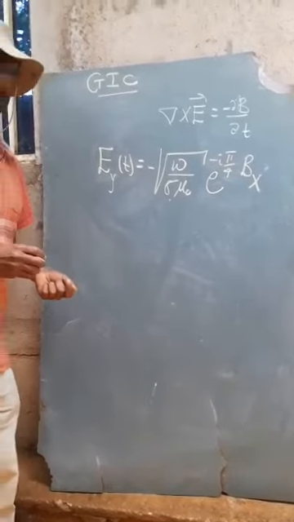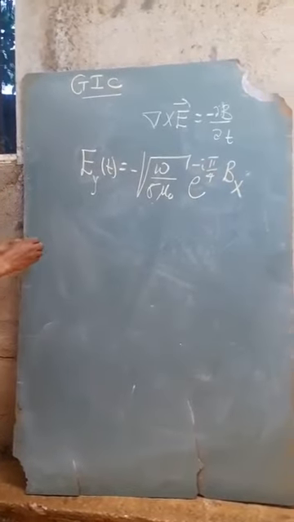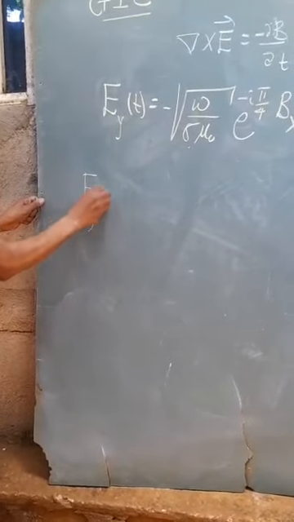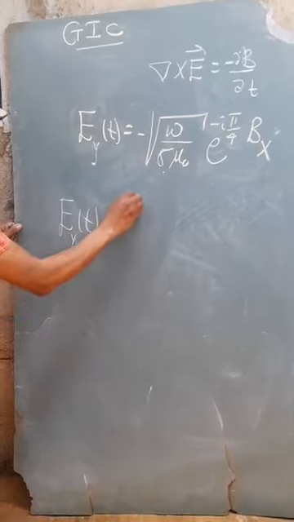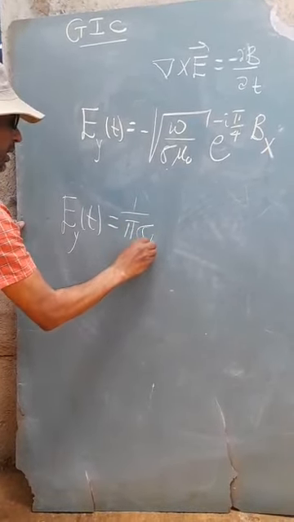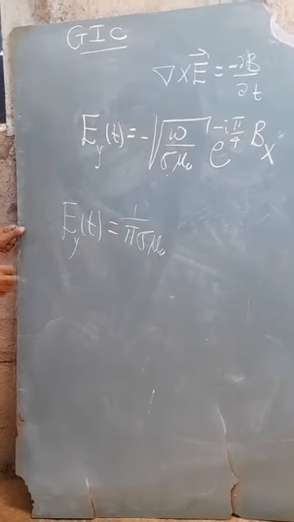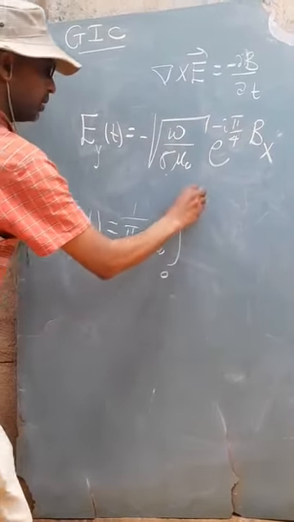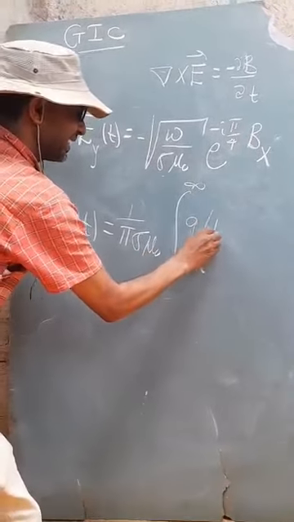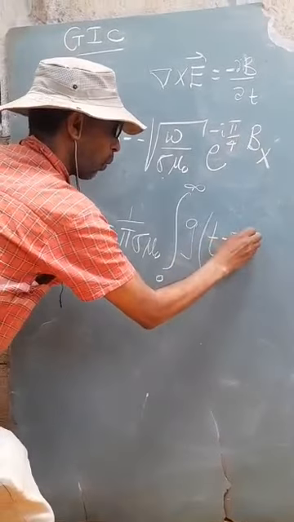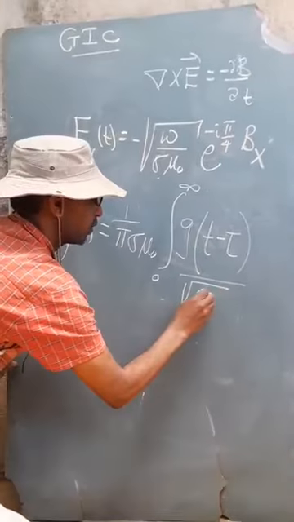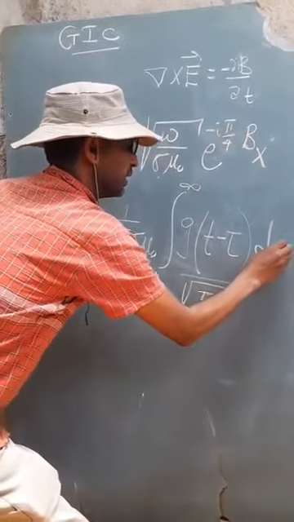In the time domain, we can write as follows: E y as a function of t is equal to 1 over the square root of pi times conductivity times magnetic permeability, then integrate from 0 to infinity g as a function of t minus tau, divided by the square root of tau, d tau.